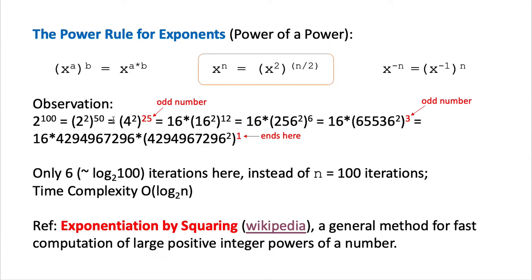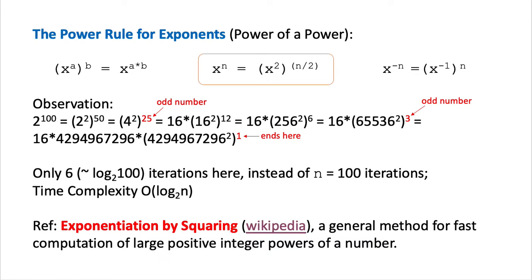And then that equals 4 squared to the power of 25. Because 25 is an odd number, we take the 4 out here to make it 24. And then 24 divided by 2 is 12. So it equals 4 times 16 squared to the power of 12. And you can repeat this process so on and so forth until you have the exponent equal to 1 and you end here.